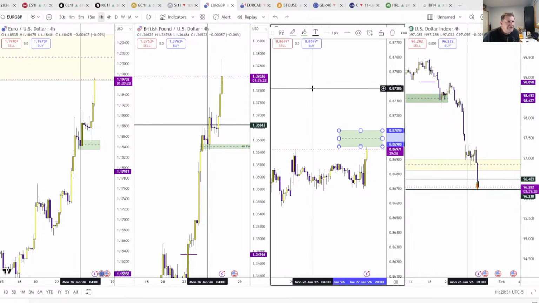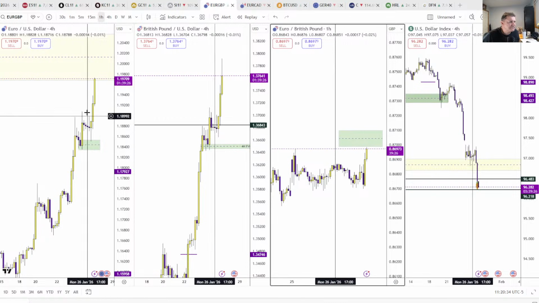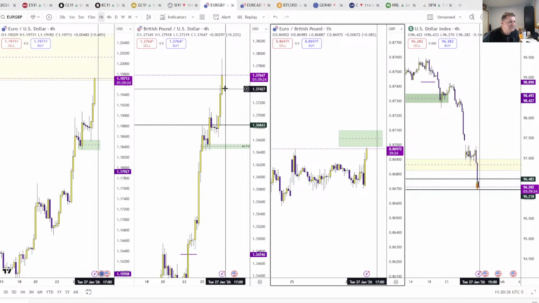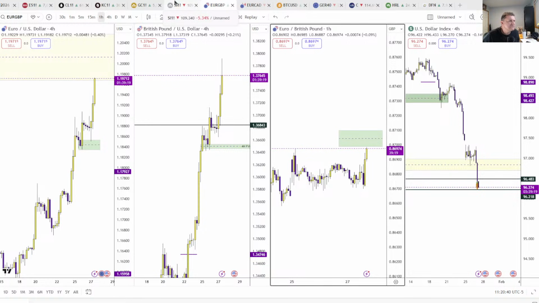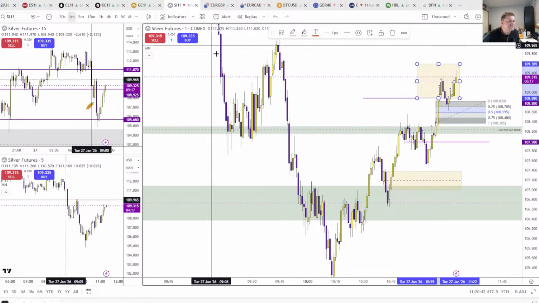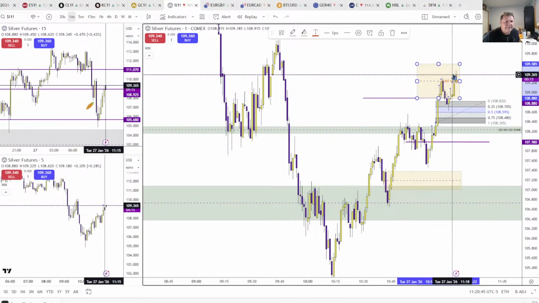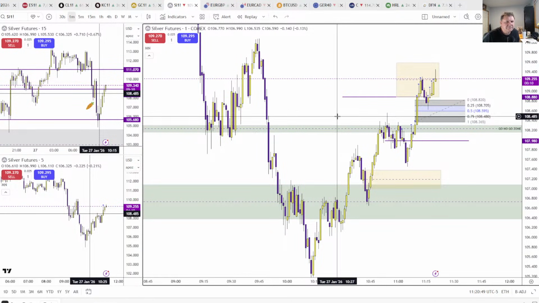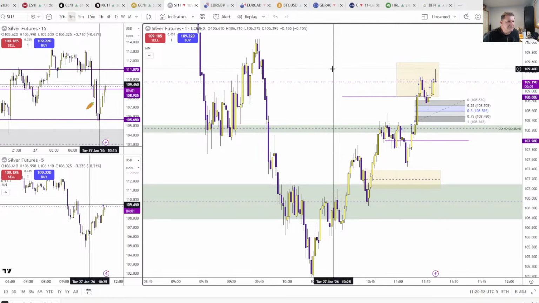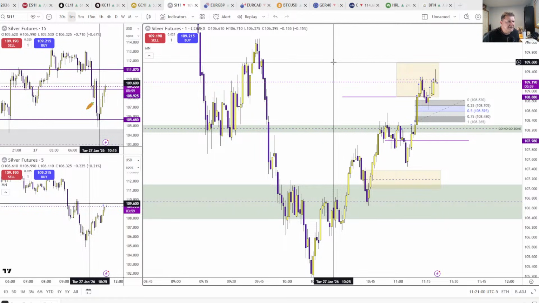Euro's got some strength now, hey? Keep going. Looking good. Just wait, see if the suspension block gets completed here.